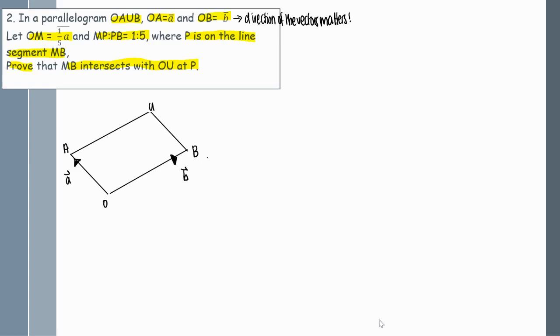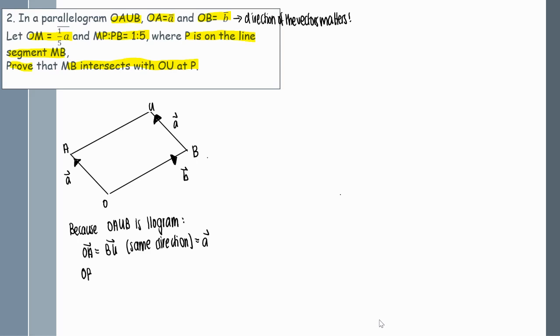Once you've drawn both of these vectors in, we can use the fact that this shape is a parallelogram. So there are some vectors in here that are going to be equal to each other because opposite sides of a parallelogram are in the same direction and also have the same length.